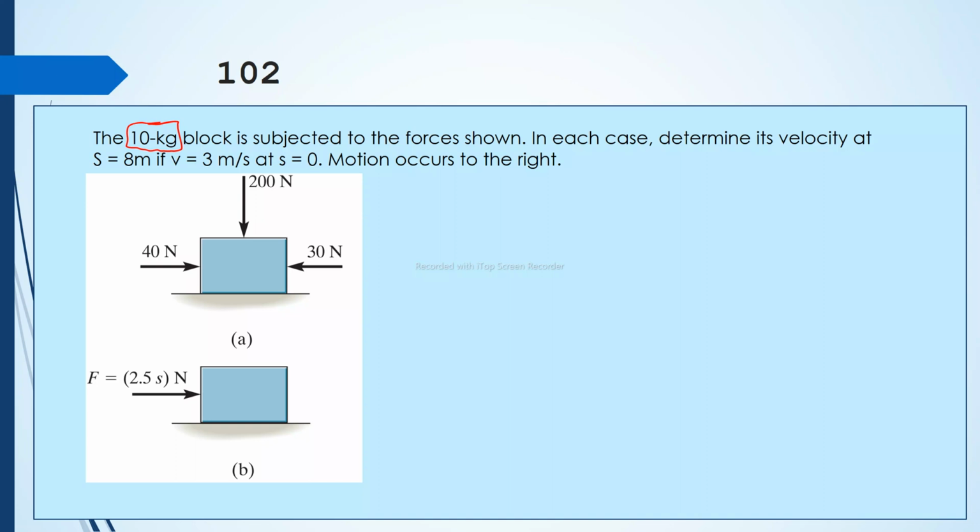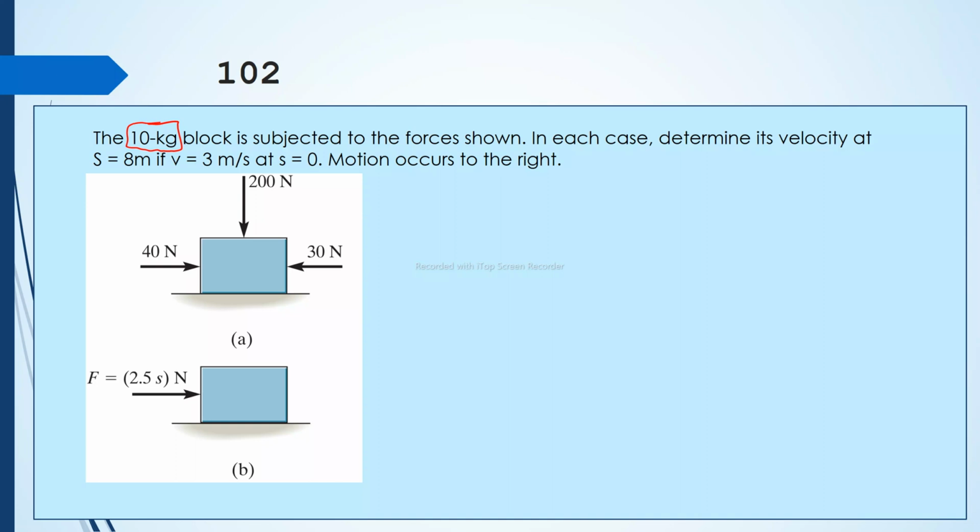So the second one is not a constant acceleration. The purpose of this is just determining if we can use the constant kinematic equations or not. In the first one, you can use the constant acceleration kinematic equations. In the second one, we're going to use integration or differentiation.